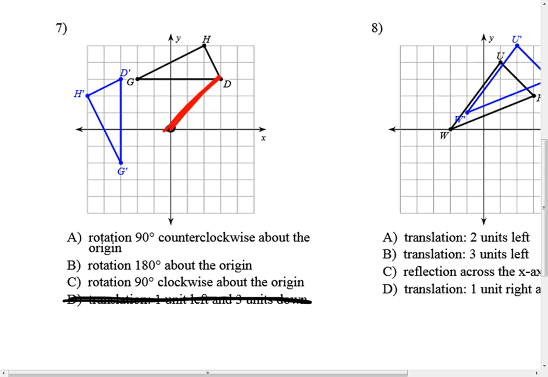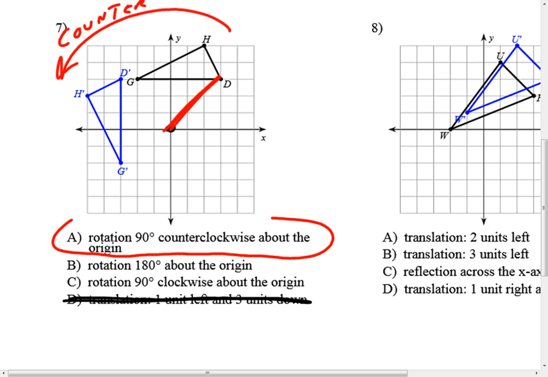And we're ending up at the primes. It's moving this way. Clockwise or counterclockwise? This is counterclockwise. So maybe it's this. Let's see if we have the right angle. If I'm putting my handle to D, where is the new handle going to end up? D prime. What's the angle in between?